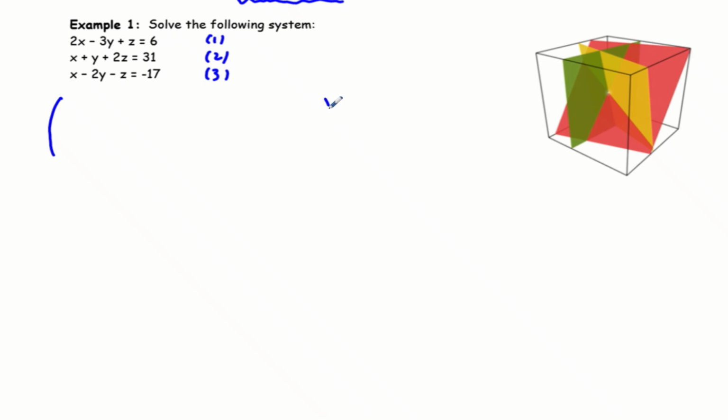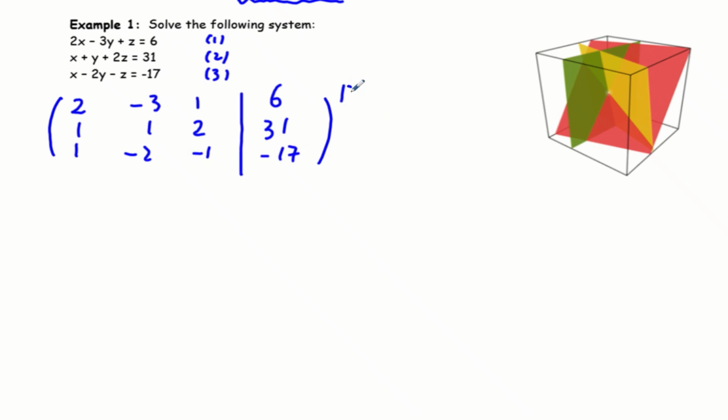So we are going to take the numbers in front of the x, y, z here. So 2, -3, 1, and the right side is 6. We put a bar here, and then 1, 1, 2, 31. Then 1, -2, -1, -17.